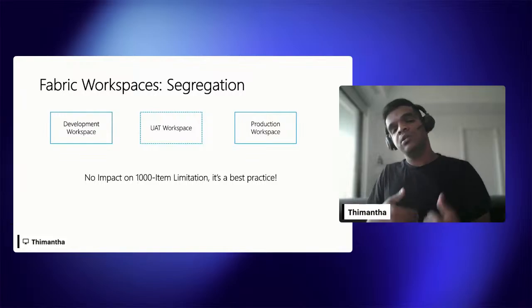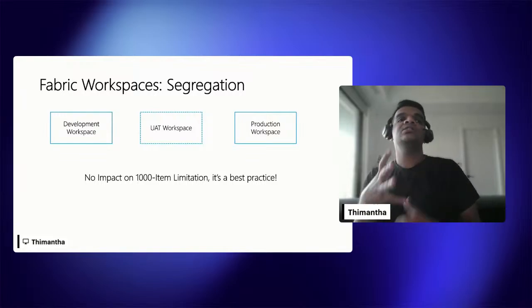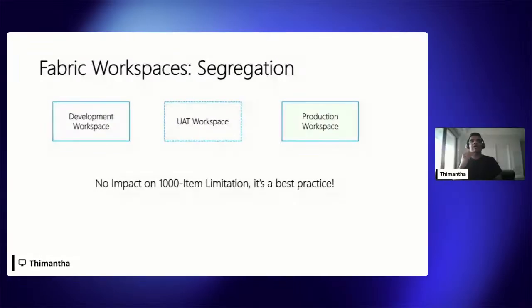Now, as I mentioned, the 1,000 item limitation simply says you can only have 1,000 Fabric items in a single workspace, right? Now, when you have these environment related workspaces, dev, UAT, and production, all these environments are going to have replicated Fabric items, right?